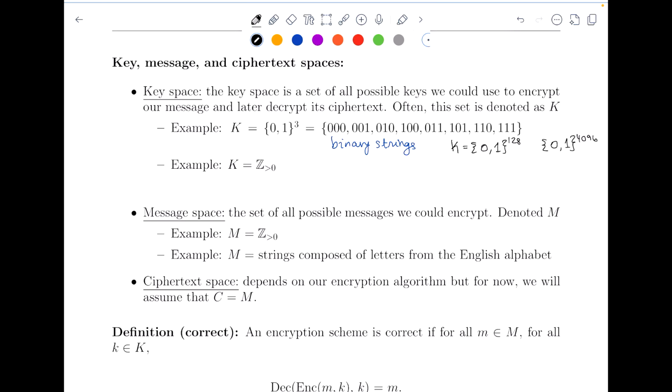Another kind of example that you could have for keys is to think about it in terms of integers. The more numbers you have, if I just say it's the positive integers, and so for Caesar cipher, I said it was maybe the integers 0 to 25, but I could go to a really large number. Something like that is another possible set of keys that I could have.